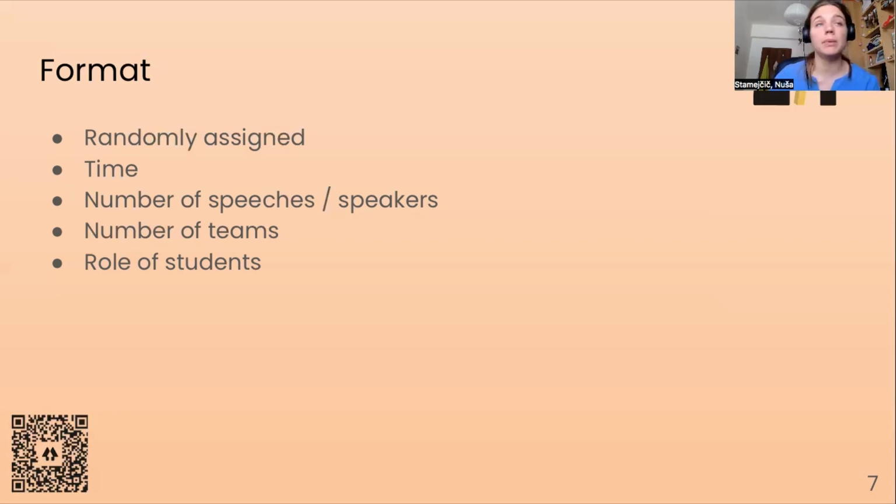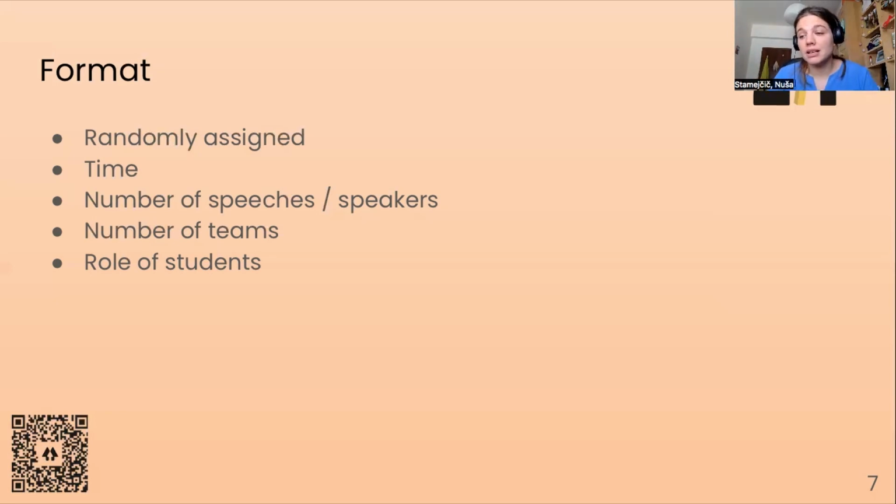You can have some of their roles only be to ask questions, but they can still be on a team. Some of them only ask questions, some of them answer questions, but they don't deliver constructive speeches, right? So this, again, you can have 10 people on a team, but only 3 speakers. It depends on what you want to achieve, right?